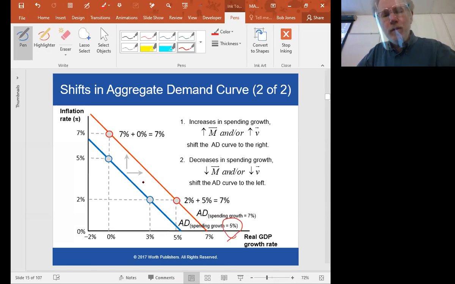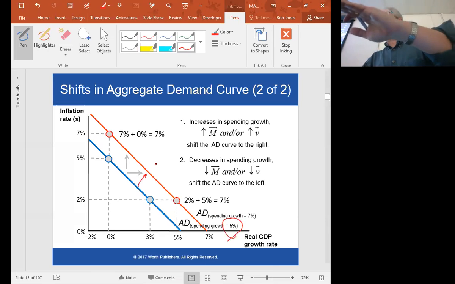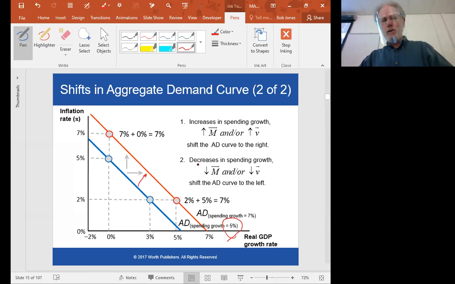That's going to shift the whole curve up and to the right. That's an increase in aggregate demand. Could be because money growth went up, could be because the growth rate of velocity went up. Either way, they both will shift aggregate demand to the right.